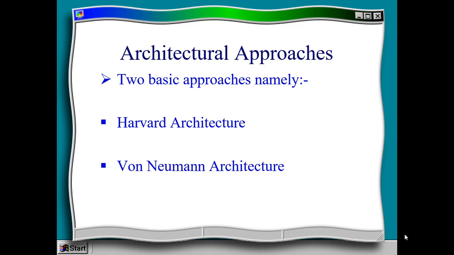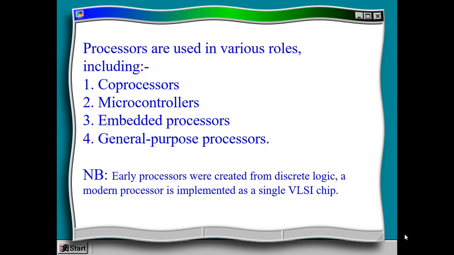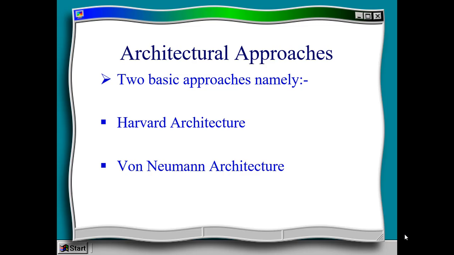Something to note is that early processors were created from discrete logic. A modern processor is implemented as a single VLSI chip. If you look at the computer history, you're going to check about the very large scale integration chip.